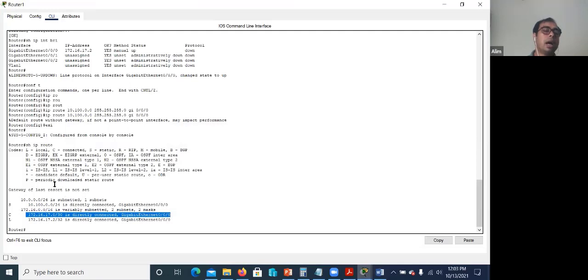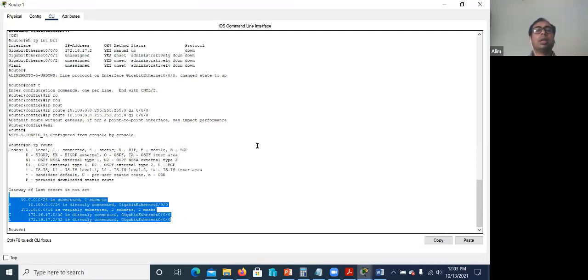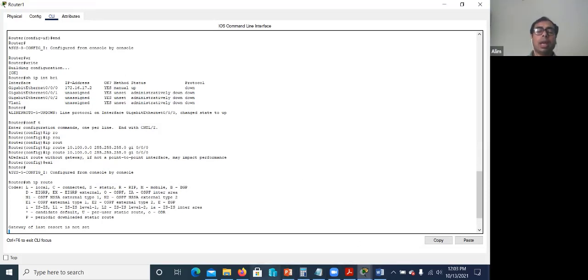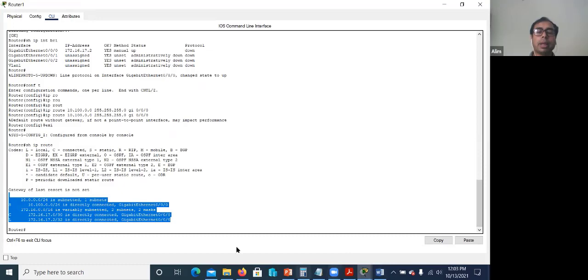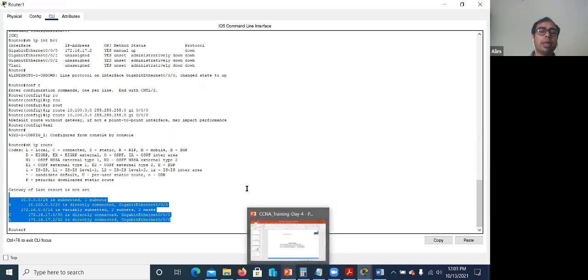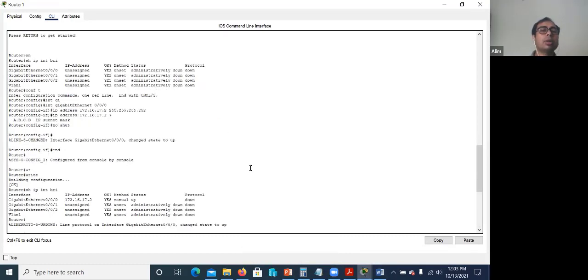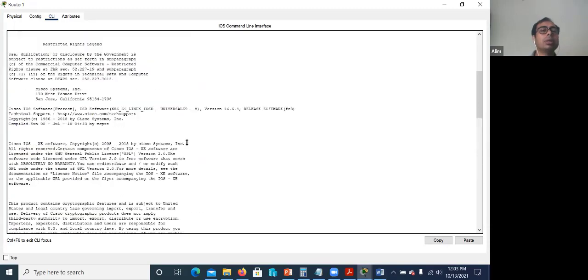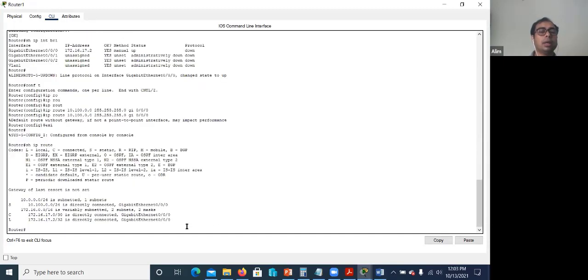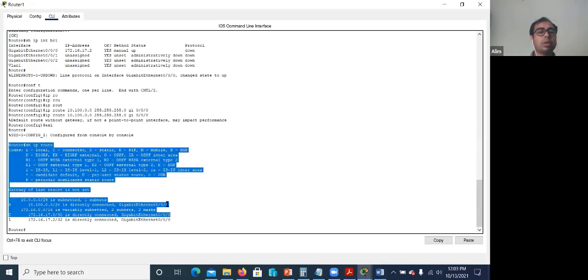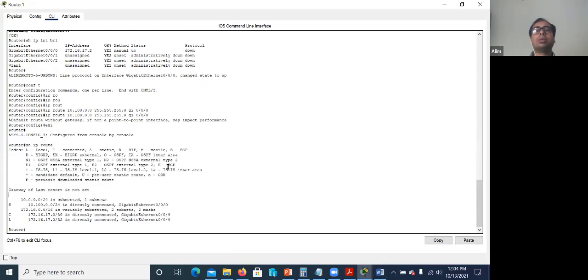Okay, this is how you understand the routing table. Okay, so we have another 2 or 3 labs that are similar with the same topology, but that I can explain by changing this. Look at this. Okay, one thing, remember routing table. Okay, I'm just copying this routing table.